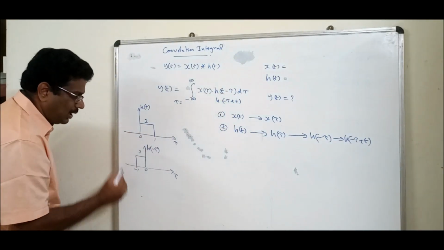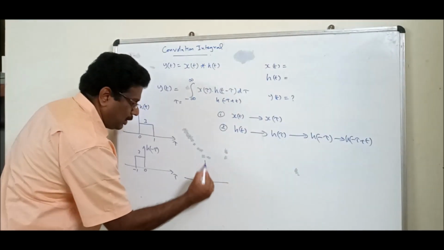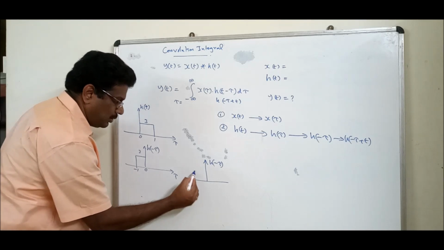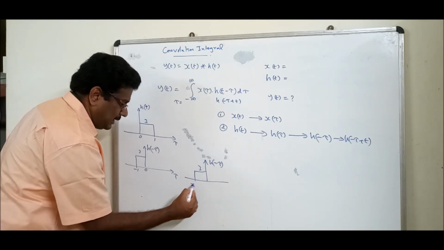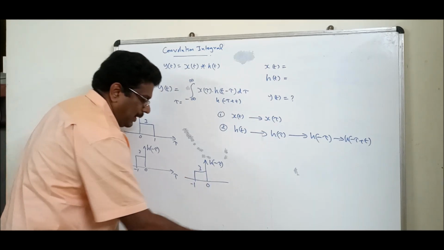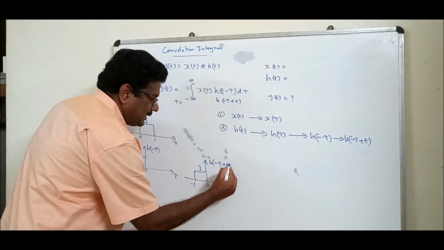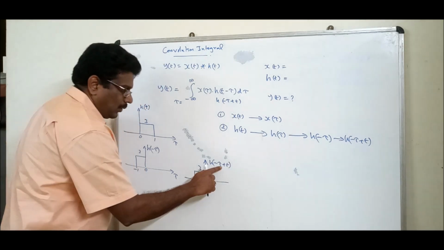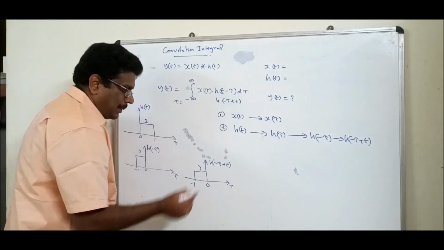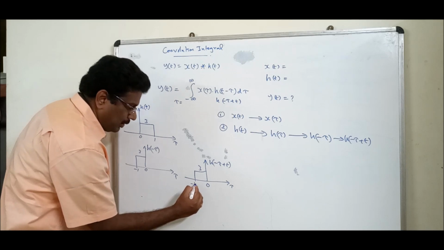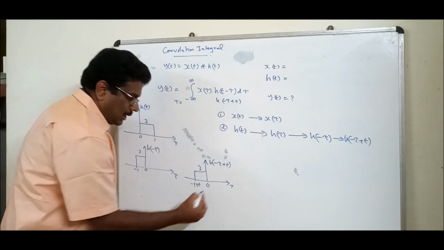Now I would like to modify this. What modification am I going to do? Carefully listen here. This is h of minus tau. The signal is like this. I would like to make this signal as plus t. What you should do? Whatever the axis value, plus t.